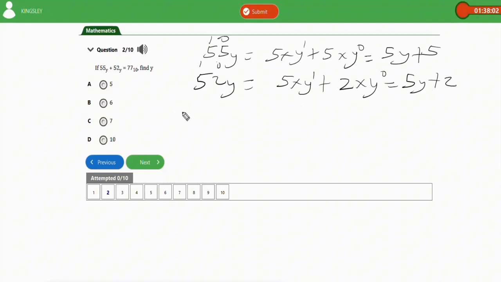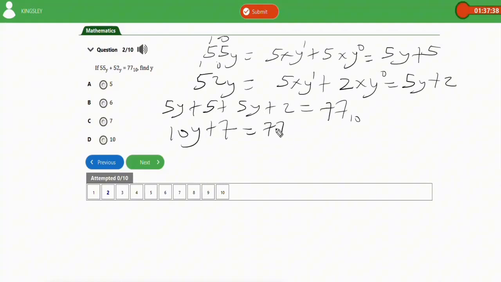Okay, so when you bring everything together, we're going to have 5y plus 5 plus 5y plus 2 equals 77 base 10. Everything is now in base 10. Alright, so when you collect like terms, 5y plus 5y is 10y, plus 5 plus 2, that's 7, equals 77 base 10.